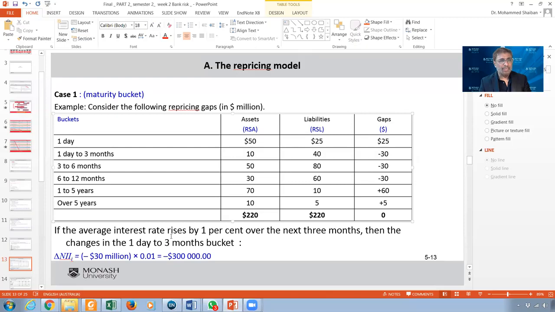Now, if the average interest rate rises by 1% over the next 3 months, I'm talking about this horizon. What would happen to me in this horizon is that my assets are actually less than my liabilities. This will mature in 3 months, this will mature in 3 months, which means I have to look at the risk sensitive liabilities: 40 million, or 40,000, or whatever, will leave my liabilities.